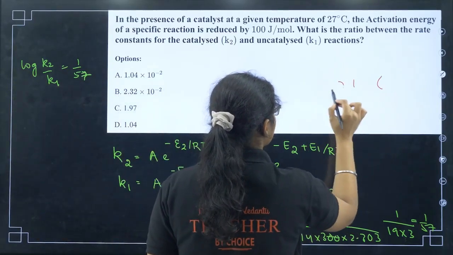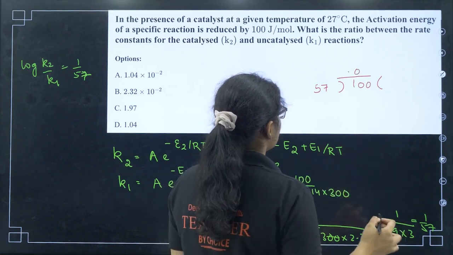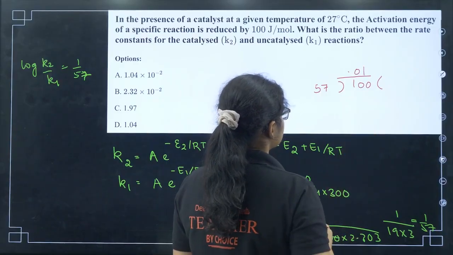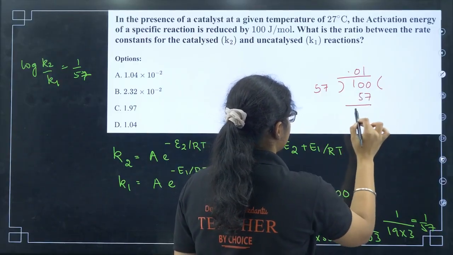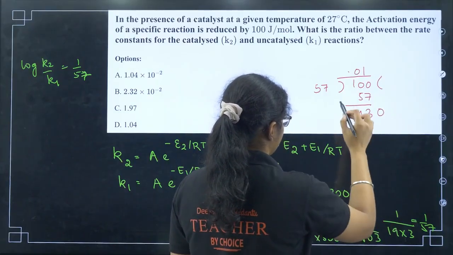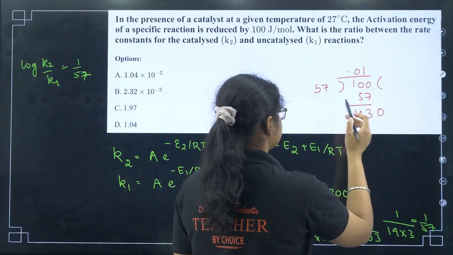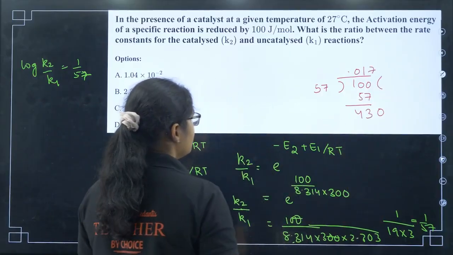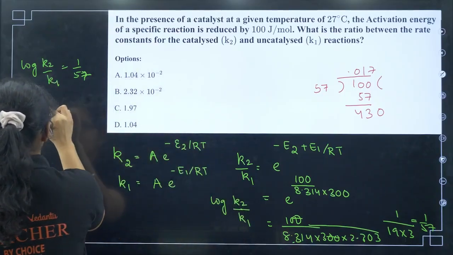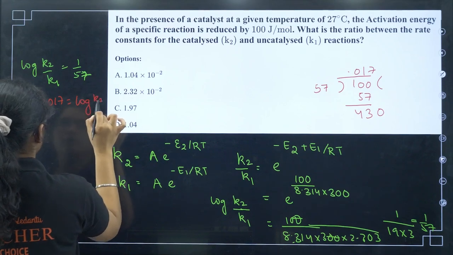Let's do it quickly. 1 by 57, I'll get 0.017. So 0.017 is equal to log of K2 by K1.